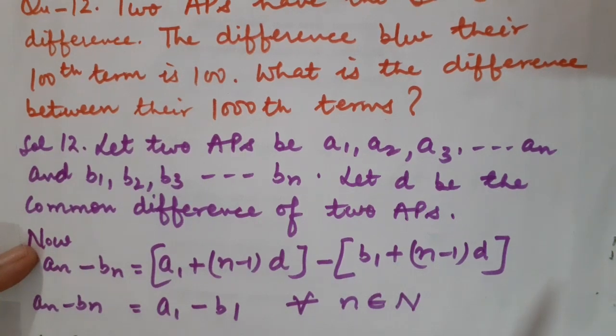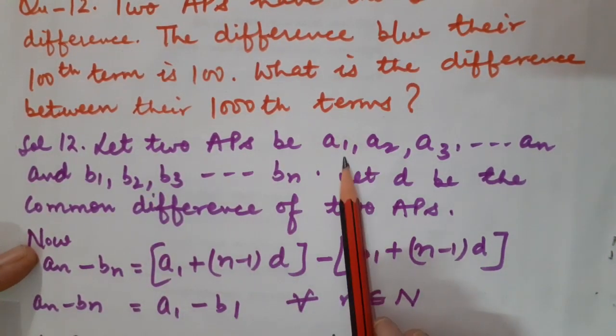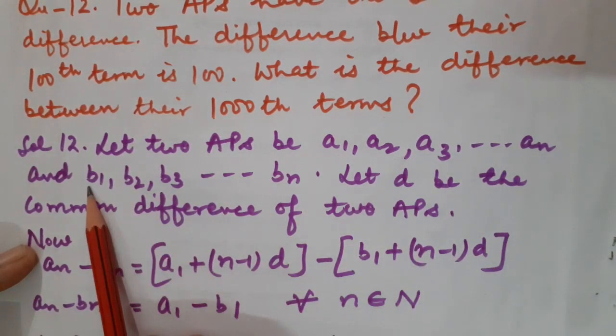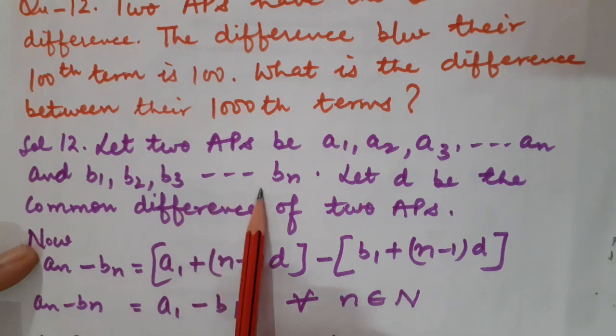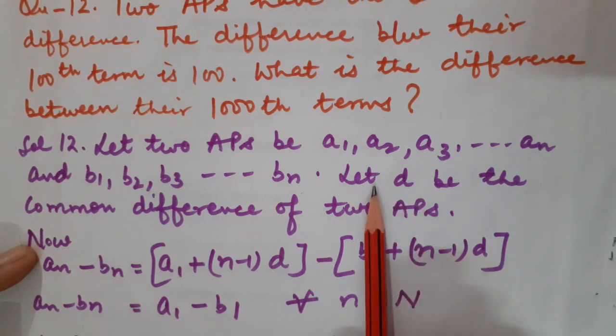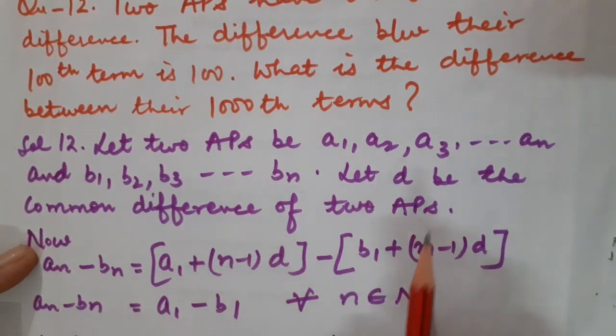As you will be having two different APs given, let two APs be A1, A2, A3 up to AN, and the other AP is B1, B2, B3 up to BN. But what is given in the question is that the common difference is same. So let D be the common difference of both the APs. Correct, student?